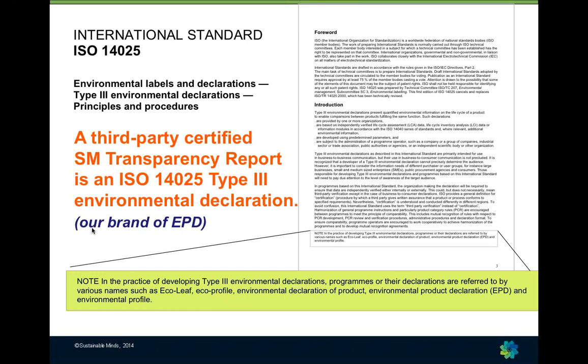We called ours transparency reports so that we could talk about how what we're doing is different than the things that are referred to as EPDs, which is an example of something they can be called, not the thing they are called. The actual thing is a Type 3 environmental declaration. So you'll see me use that phrase.